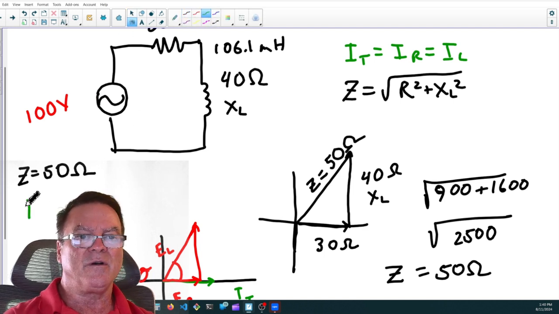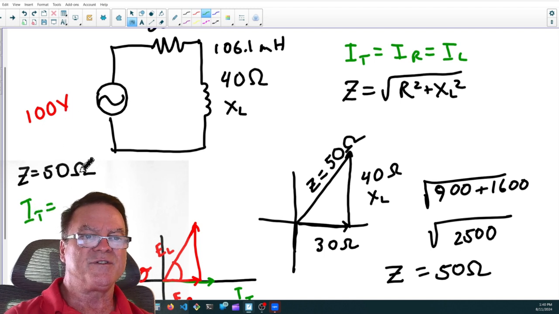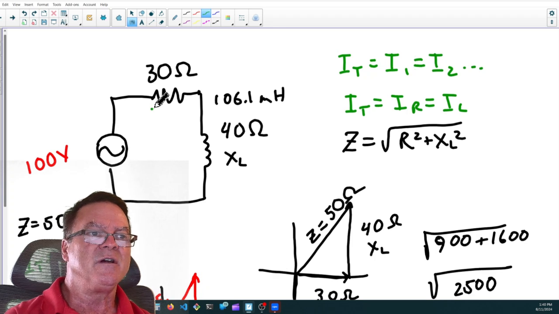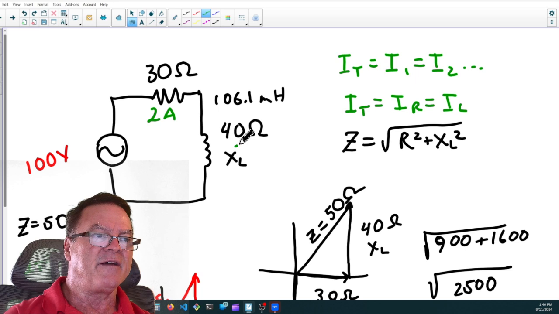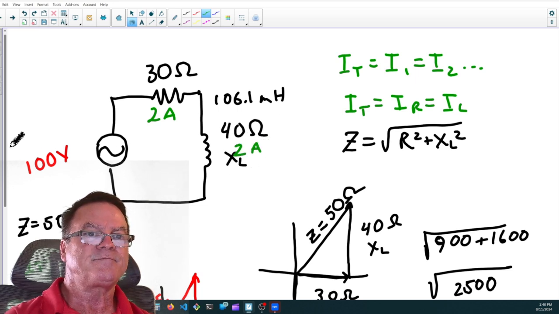My total current is going to equal 100 volts divided by 50 ohms of impedance. It's going to be a total of 2 amps. That means I have 2 amps flowing through my resistor, and I have 2 amps flowing through my inductor.